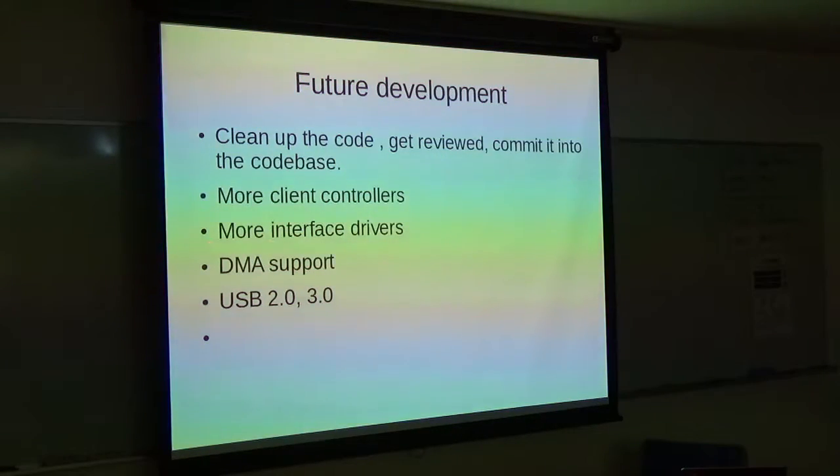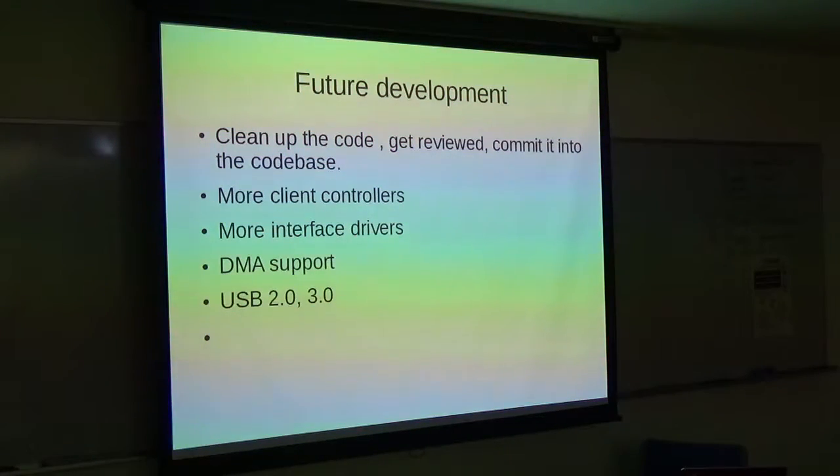And we need DMA support, which is currently not supported. And the USB controller currently supported works on the USB 1.1 specification. So I haven't tried 2.0 devices. As far as I know, 2.0 needs one more additional USB descriptor.